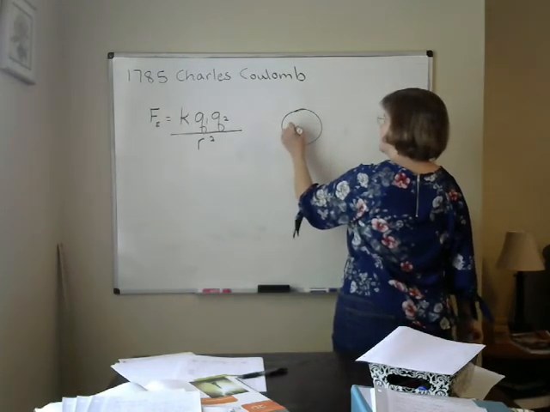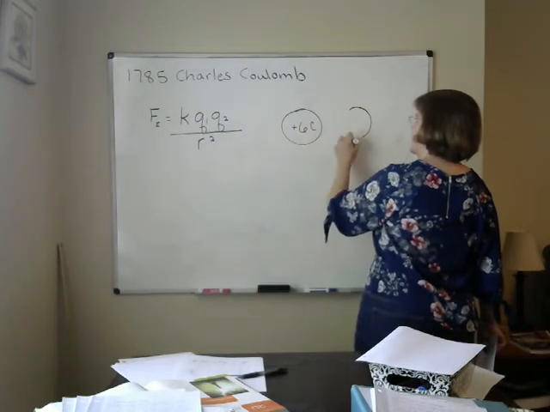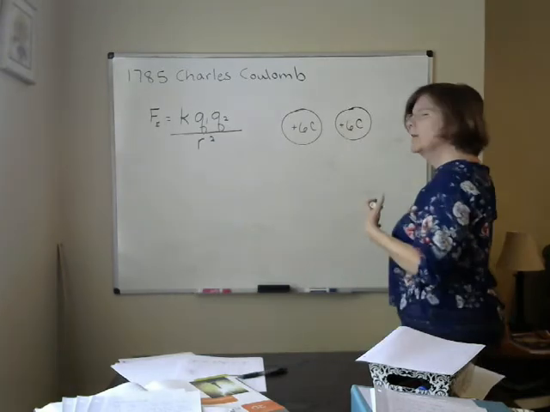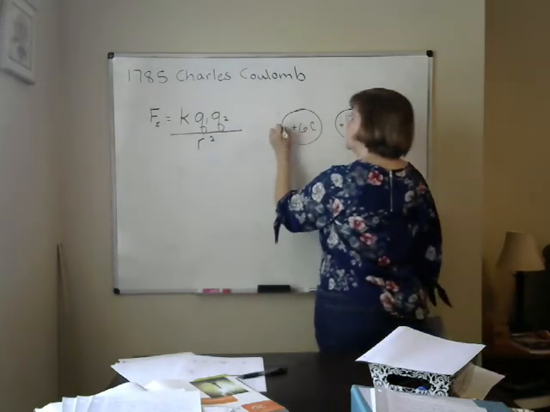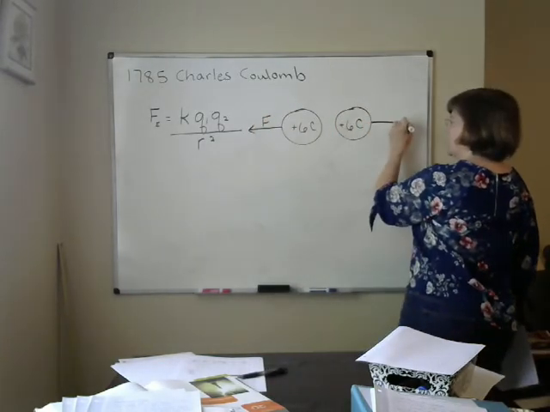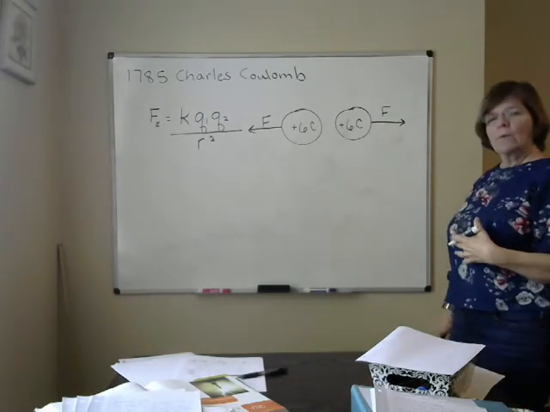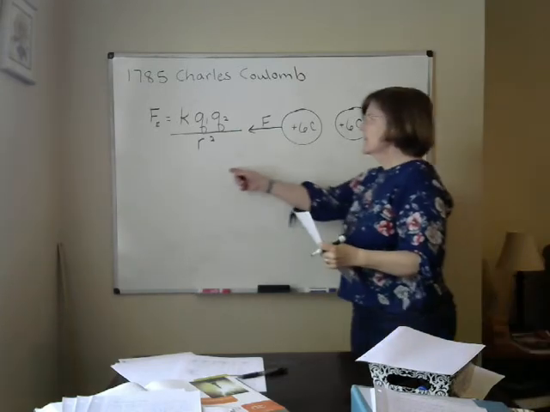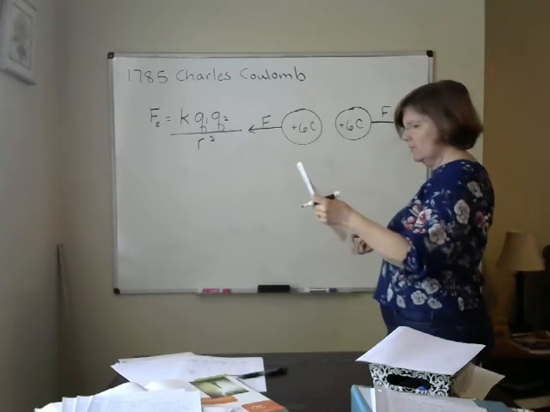Maybe this one has plus 6 coulombs, and this one has plus 6 coulombs. Well, it's really obvious that they would repel each other. They're both positive, and it's really obvious that those forces would be the same. Right? Okay. Well, it turns out they're going to be the same no matter what. When we calculate this force, that force is acting on each object.